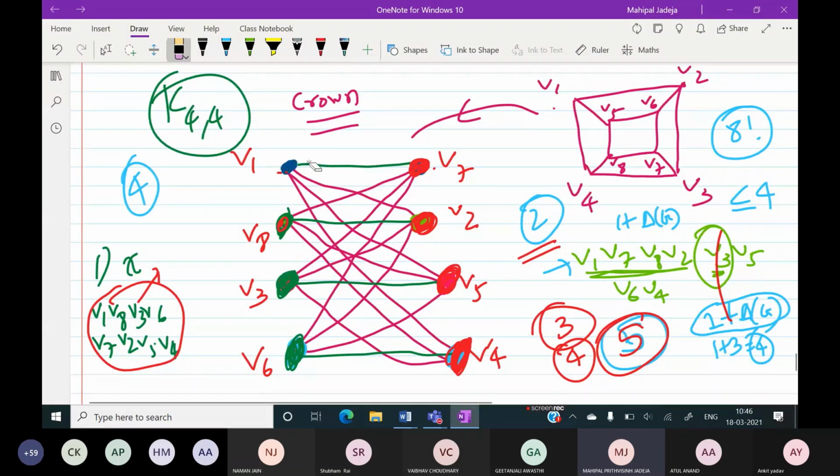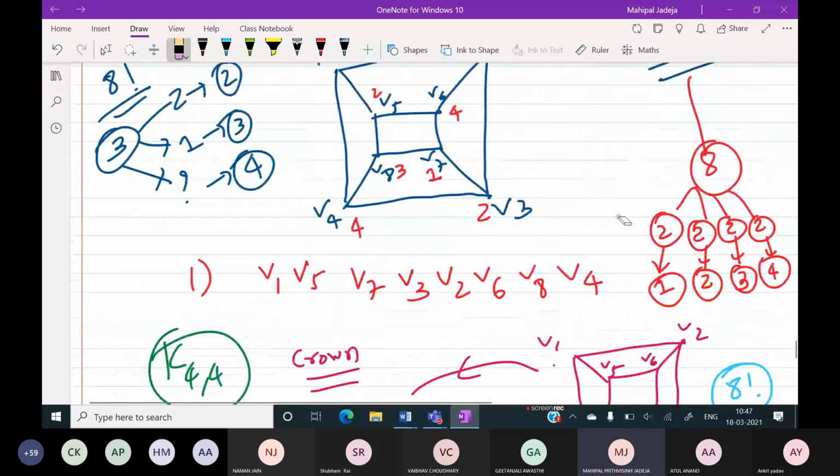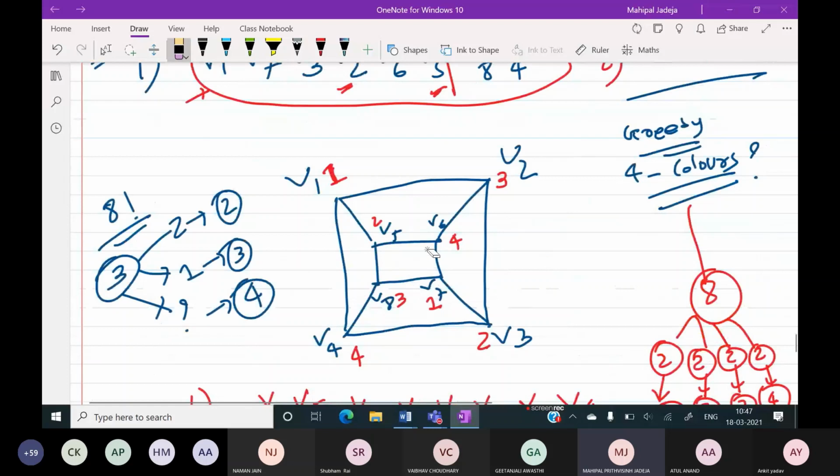So it depends upon two things. The very first thing is the structure of the graph, and the second thing is which ordering you are considering for the given structure. Okay, fine. So we'll stop here. Thank you.